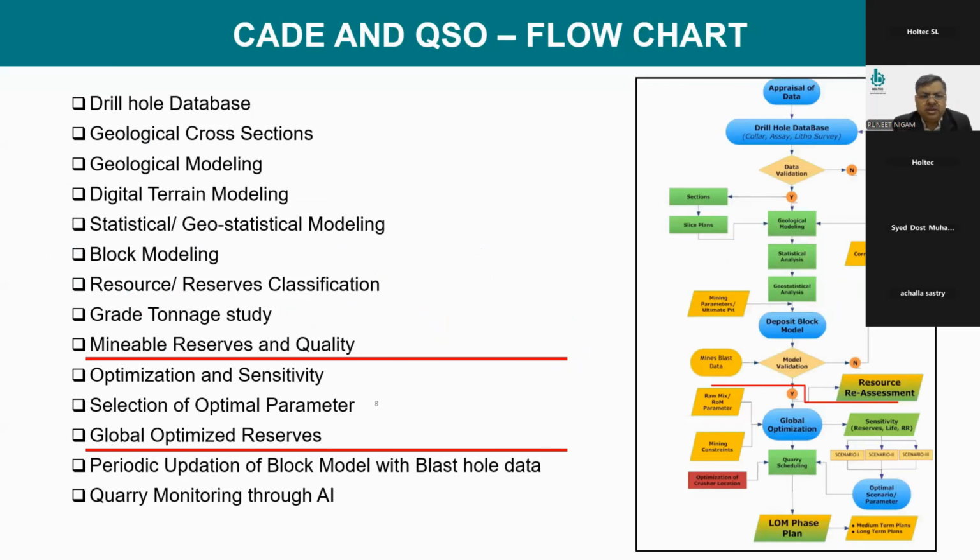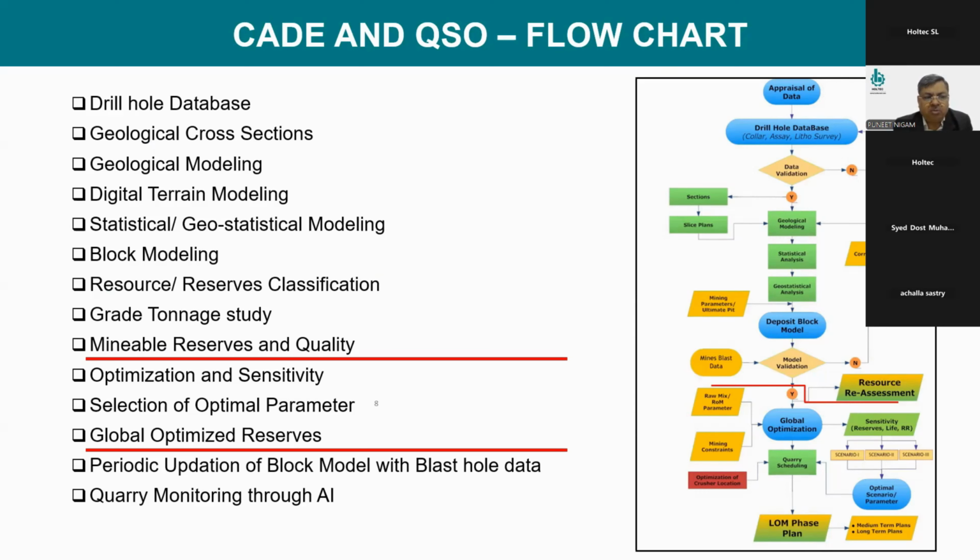So this is just a flow to be carried out before the implementation of AI. Once the data is generated, we make cross sections, a geological model, then digital modeling, then analysis by statistical and geostatistical methods to find out which is the best suitable data to consider for further processing of the model.